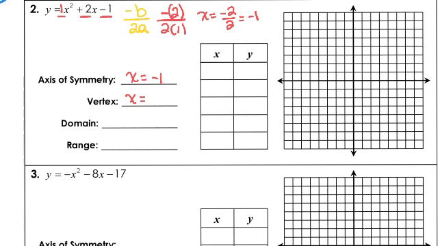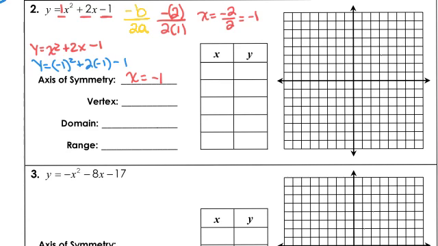And to be able to find the vertex, we have to go back into the equation. The equation is y equals x squared plus 2x minus 1. Well, we now know that x, at least for the spot of the lowest point, is going to be -1. So we can rewrite this using -1 every time we see an x.